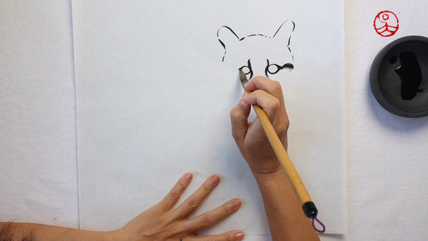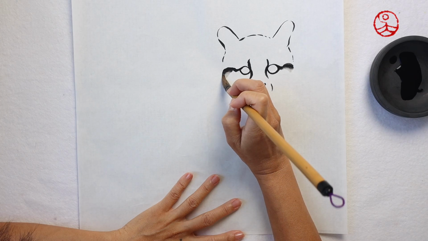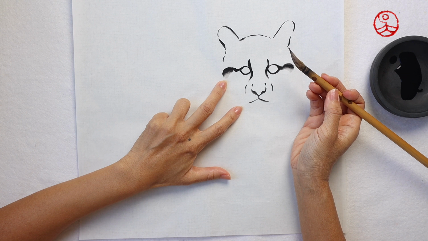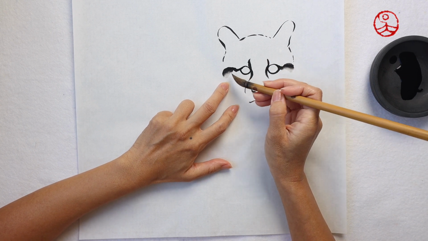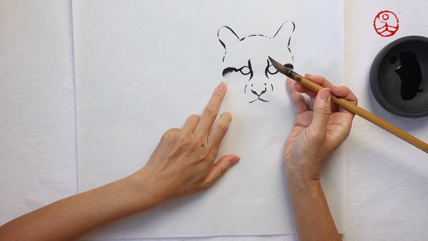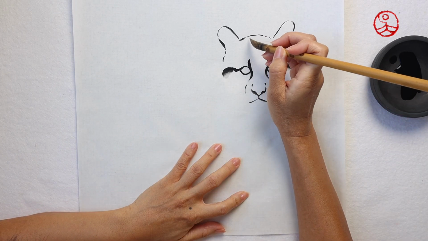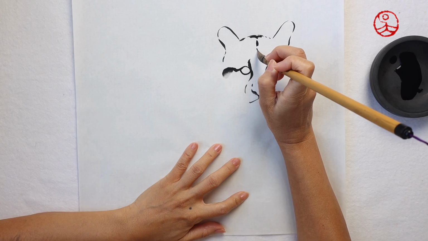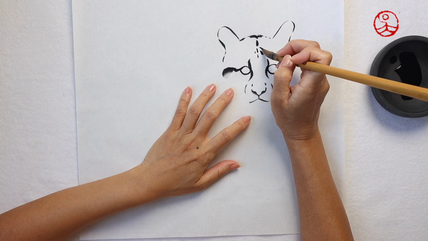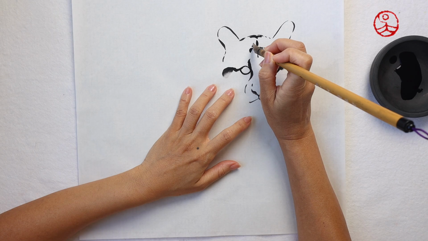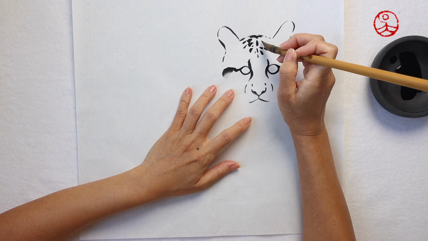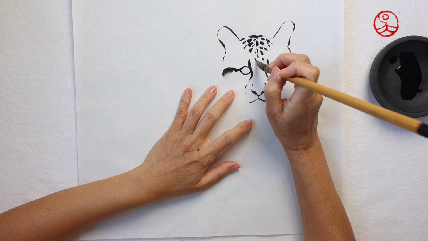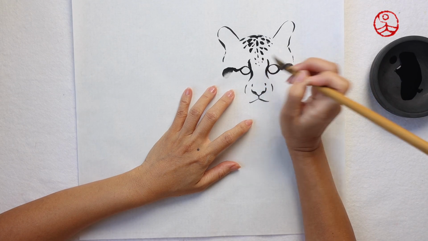Well, this cat is called a clouded leopard, which means that the spots are a little bit cloudy, which is great for Chinese watercolor, I think, because then you can use the gradient to illustrate these spots. And I'm going to start from the top with a bit darker, and then the spots are irregular, but smaller spots here.